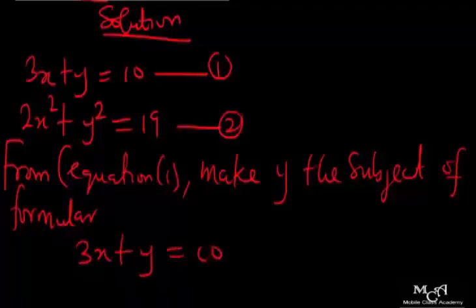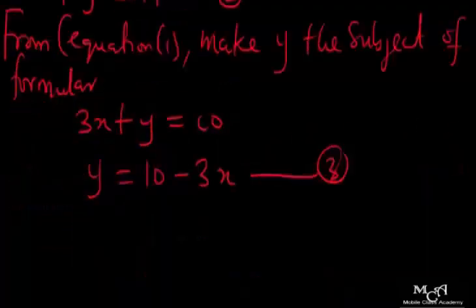So if I pick y, I have y equal to, take 3x here, 10 minus 3x. So this now becomes equation 3. Then from here, I'll substitute this into equation 2.